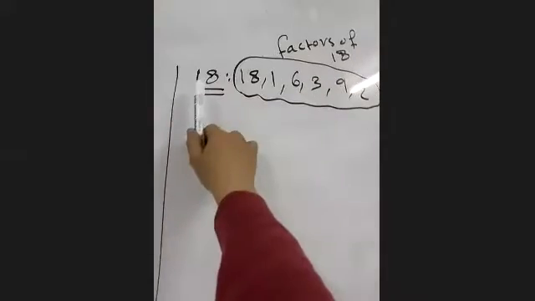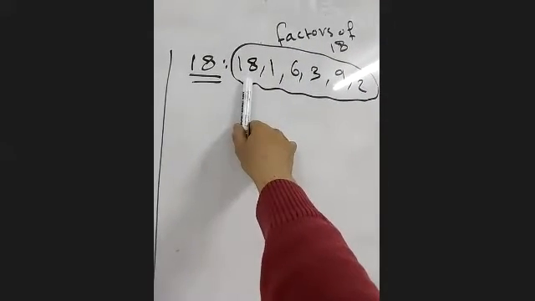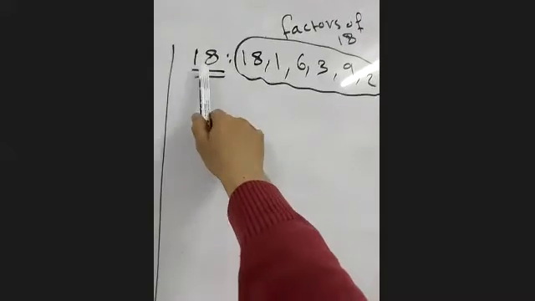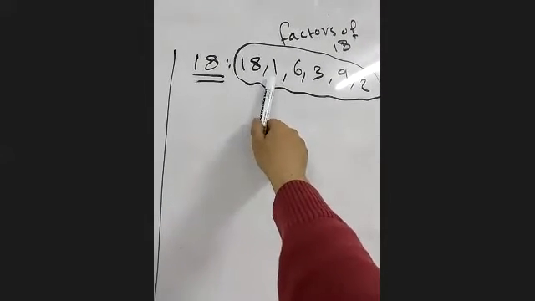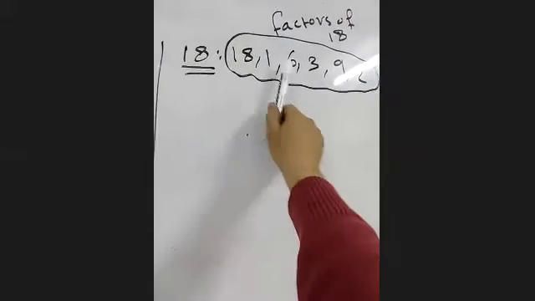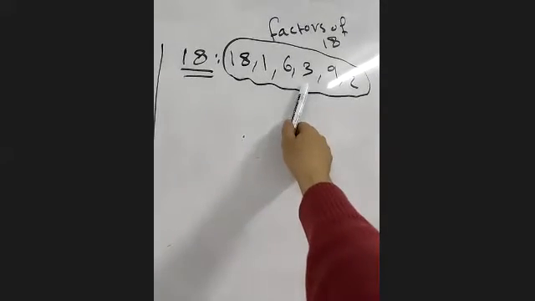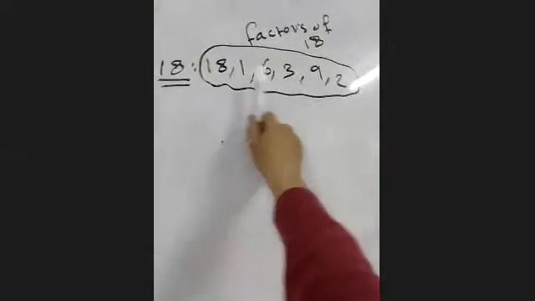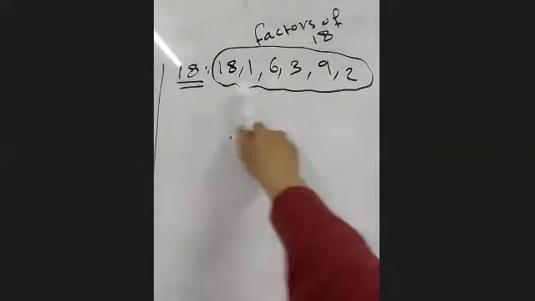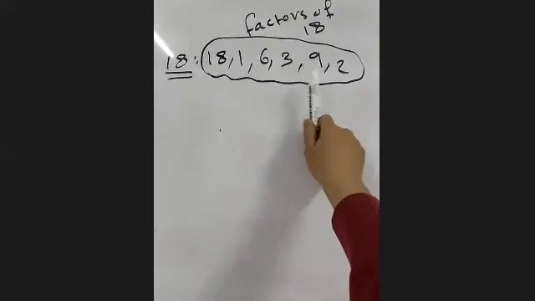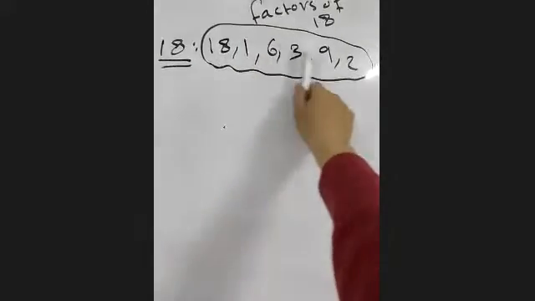Yes. If you divide 18 on 18, the answer is 1. If you divide 18 on 1, the answer is 18. If you divide 18 on 6, the answer is 3. If you divide 18 on 3, the answer is 6. If you divide 18 on 9, the answer is 2. If you divide 18 on 2, the answer is 9. So these are the divisors.